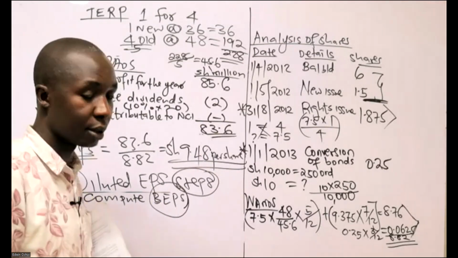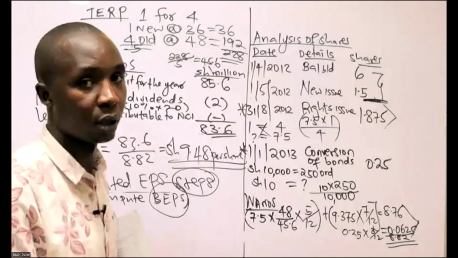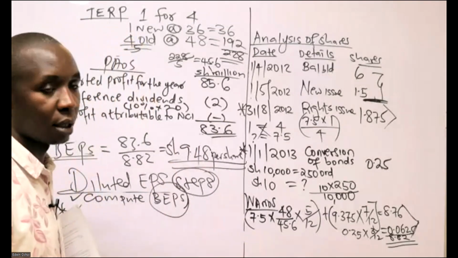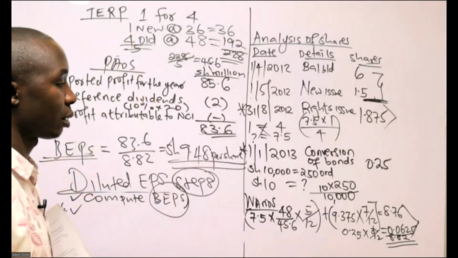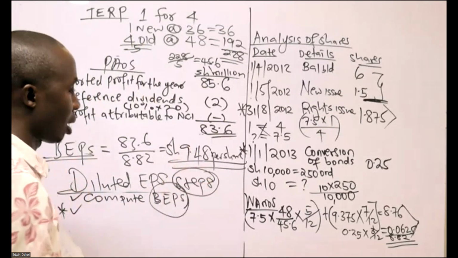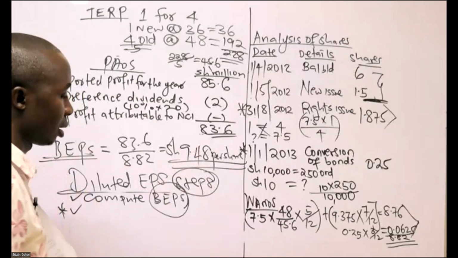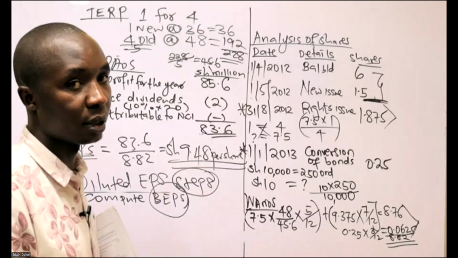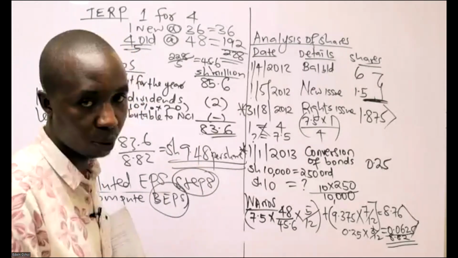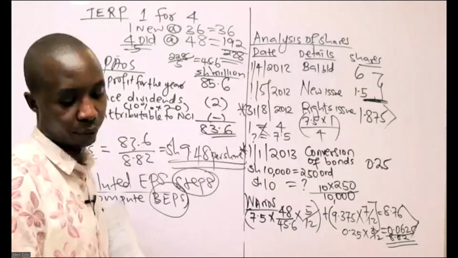The potential securities. Like in our question, there are 2: convertible bonds and the stock options. So you need to understand how they affect basic earnings per share. Will they dilute basic earnings per share, or are they anti-dilutive? We have to do the computation and see.